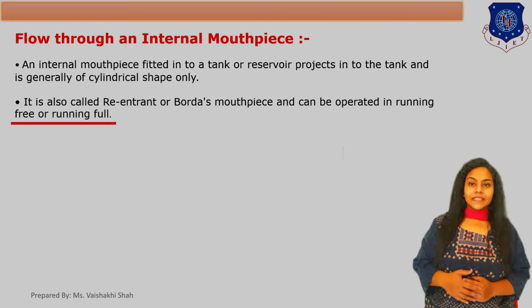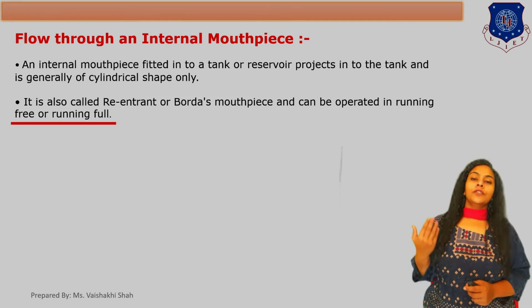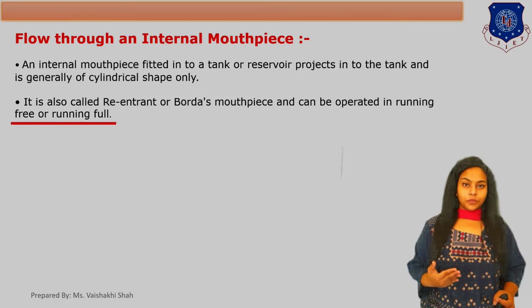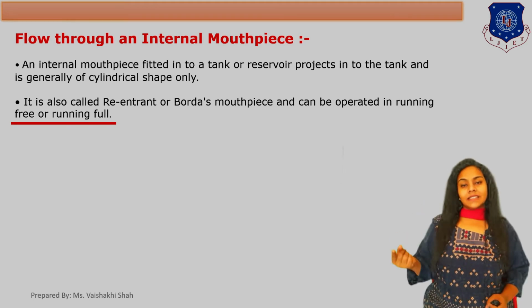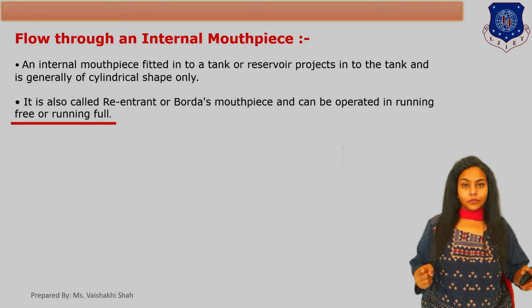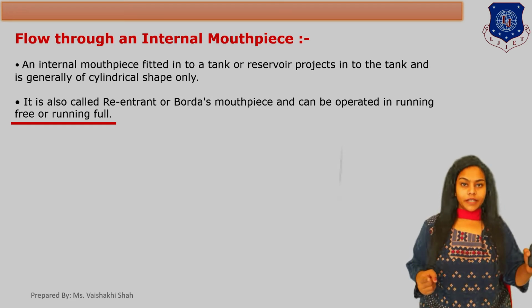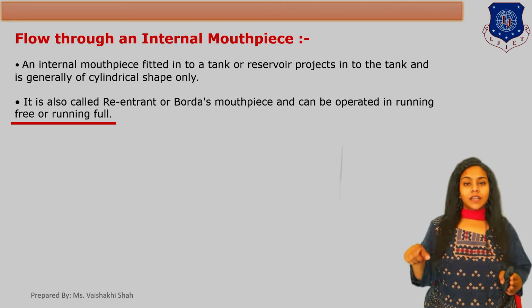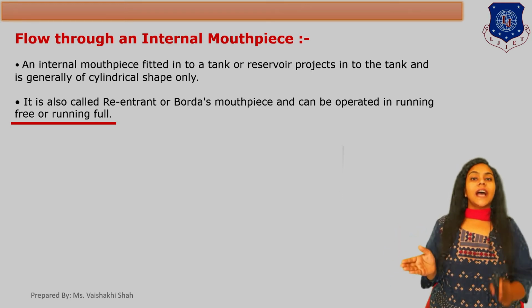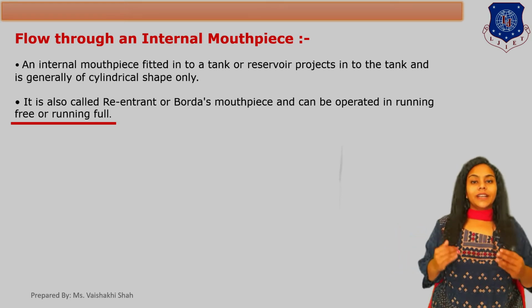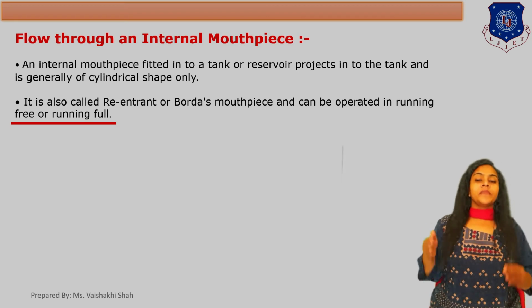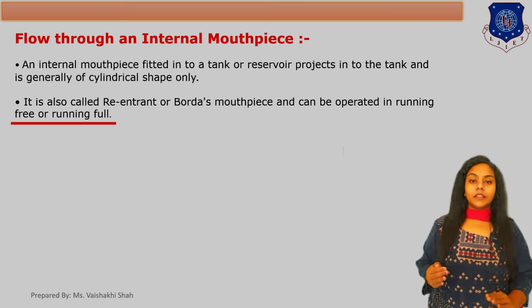Now the next theory is flow through an internal mouthpiece. In the last lecture we studied external mouthpiece, which is connected from outside of the water tank, and we studied convergent divergent mouthpiece. Now our next theory is for flow through internal mouthpiece.